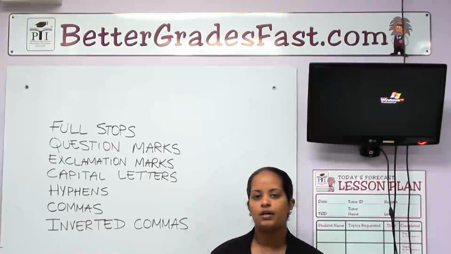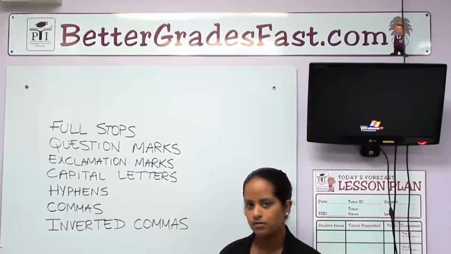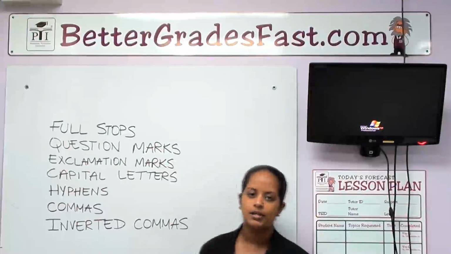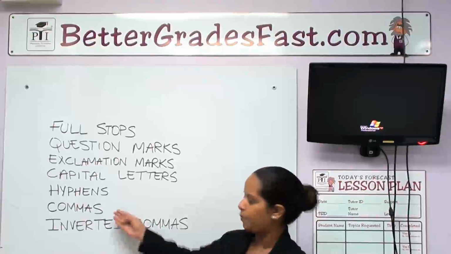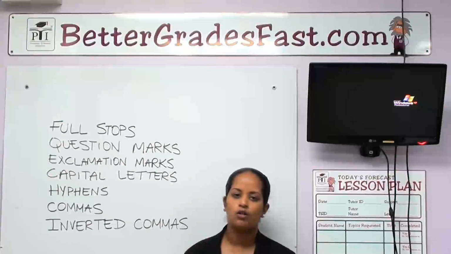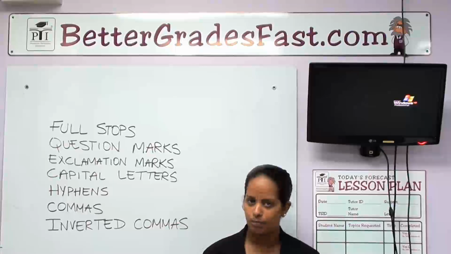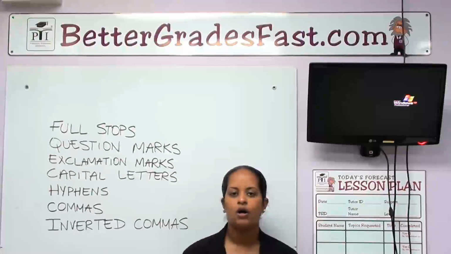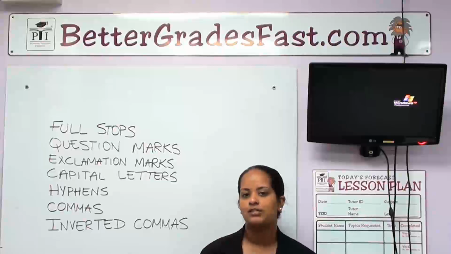Finally, we are looking at inverted commas. Although the name has the word commas in it, it is nothing like the comma that we met before. Inverted commas are also known as quotation marks. These are needed for your direct speech.